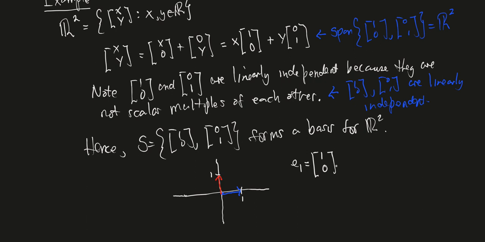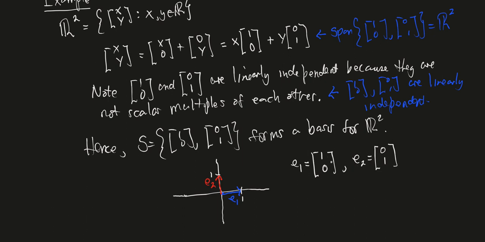And then similarly, we use e2 to denote the vector 0, 1. So then this would be e1, and this would be e2, right? And there's a reason why we use the e's, and when I talk about the other Euclidean spaces like R3 and R4, you'll see why this notation extends very easily, right?